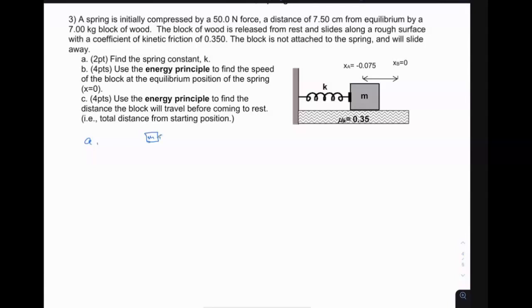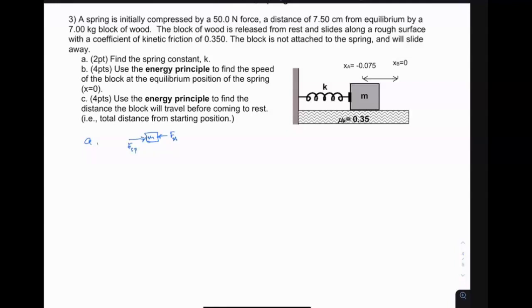There is some external agent applying a force on the mass, and then the spring is applying an equal and opposite force on the mass.